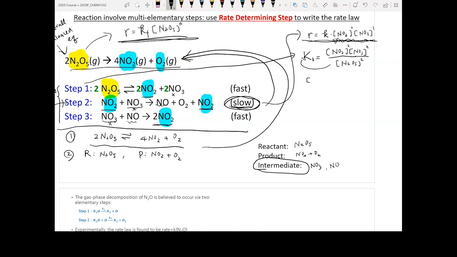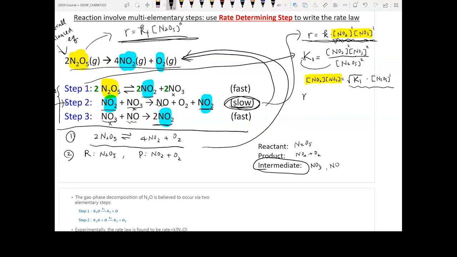Then I know my NO2 concentration times NO3 concentration is going to equal the square root of equilibrium K1 times N2O5 to the first power. Then you will realize this is just this.